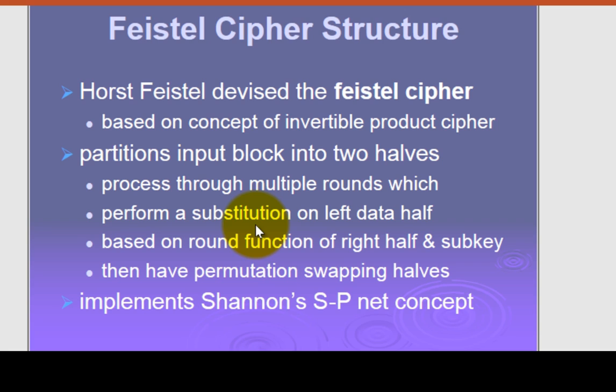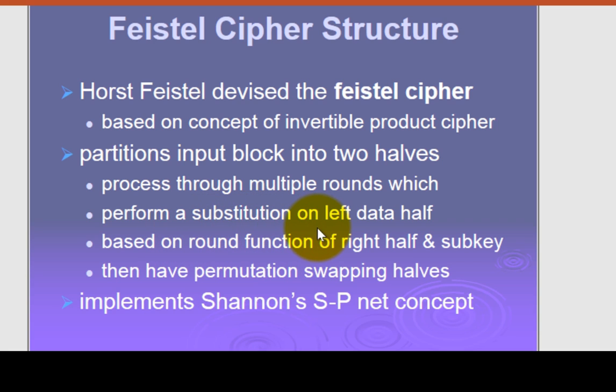In the sense, you do substitutions and permutations not one time, but a number of times, for example 16 rounds or 32 rounds or 48. There are different algorithms which use different numbers of rounds. This Feistel cipher structure uses this number of rounds so that the cipher structure becomes very complex.